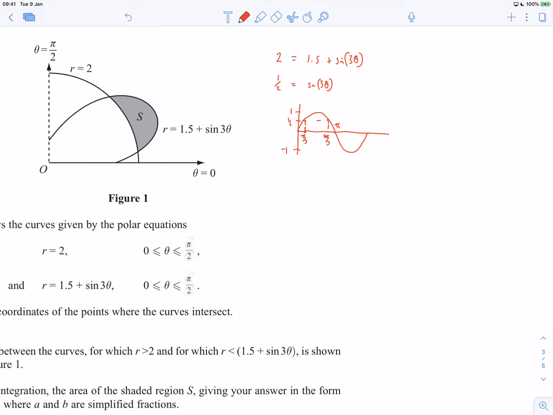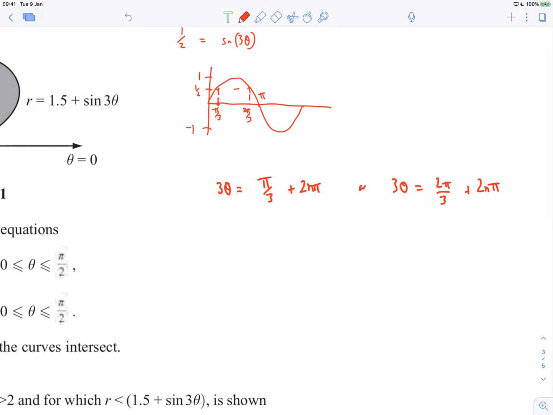That means either 3 theta equals the inverse sine of a half, which is pi thirds, plus multiples of 2 pi, or 3 theta equals the other one, which is 2 pi thirds, plus integer multiples of 2 pi. Dividing by 3 both sides, I'll get theta equals pi over 9 plus 2n over 3 lots of pi, or theta equals 2 pi ninths plus 2n pi over 3.